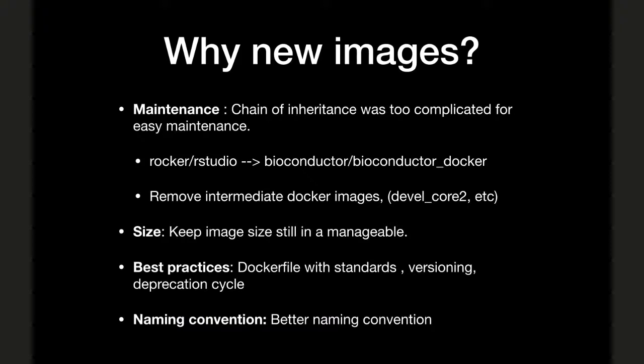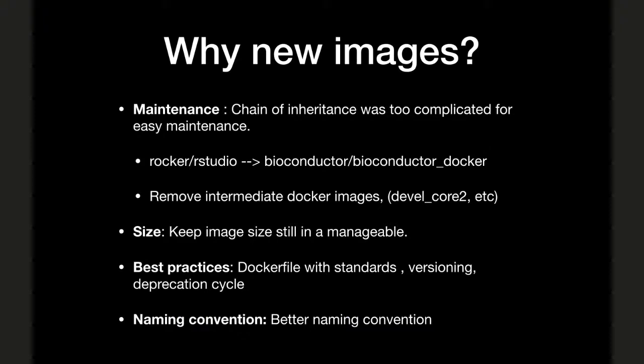People wanted to install their specific set of packages, and they were just using Bioconductor full, so there was really no reason to keep the other images around. And we also wanted to keep the size pretty manageable. So the current Bioconductor Docker image is fairly reasonably sized and still includes all the system dependencies.